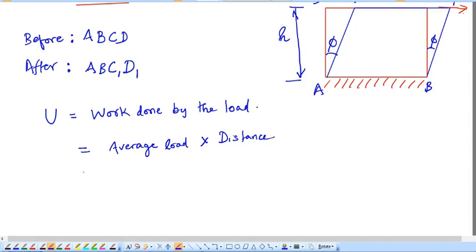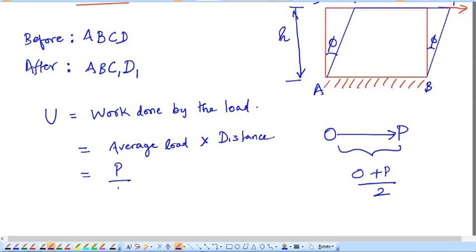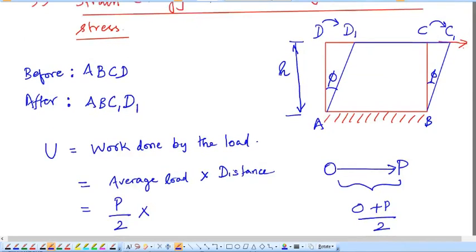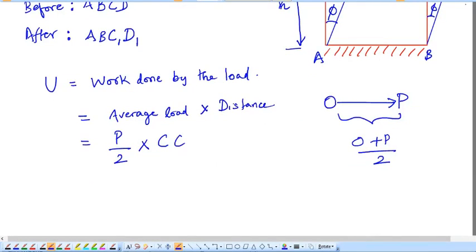Since the load is applied gradually, initially you have zero load, going up to the load value P. So the average load is 0 plus P divided by 2, that is P by 2, into the distance through which it has moved, CC1.